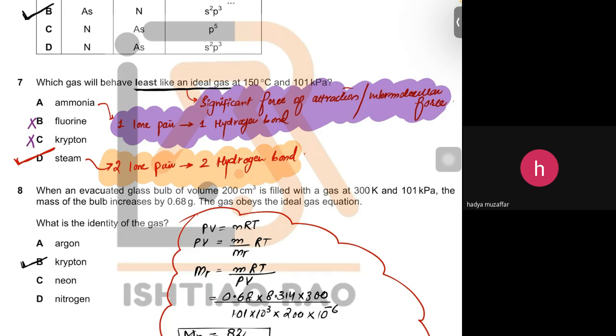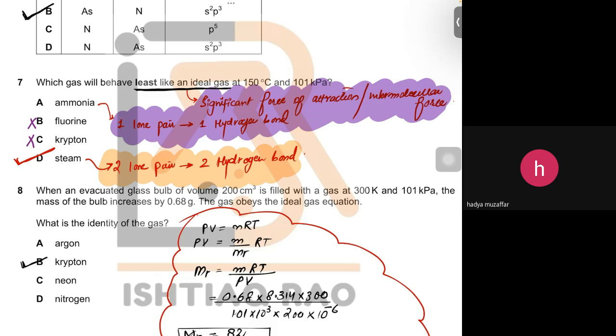So how would I identify which is a real gas? A real gas is one in which you can see intermolecular forces of attraction. Noble gases are ideal gases. They are inert, and they are ideal gases because they have no force of attraction.